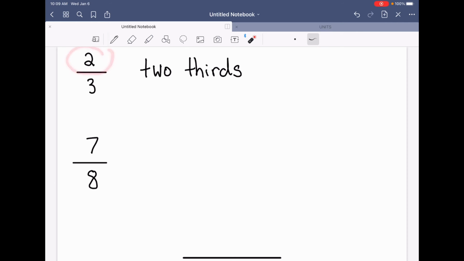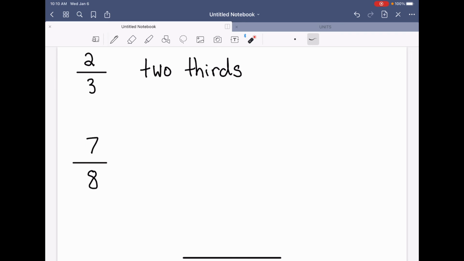The top number we always read normally. The numerator we read normally, 2. And the bottom number, we change it a bit and we read it as thirds. So let's try that again with the bottom number we see here. We see 7 and an 8. So 7 as the numerator, 8 as the denominator.